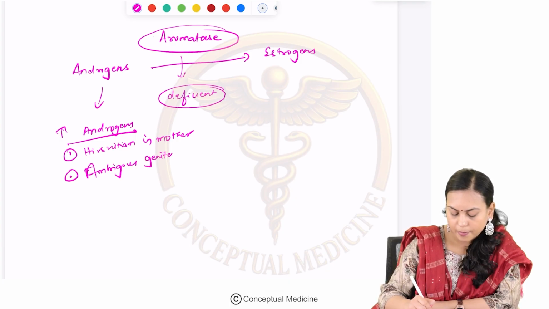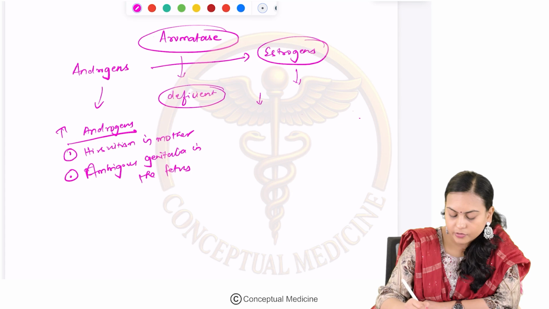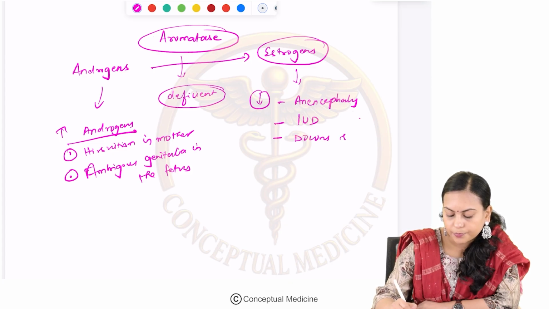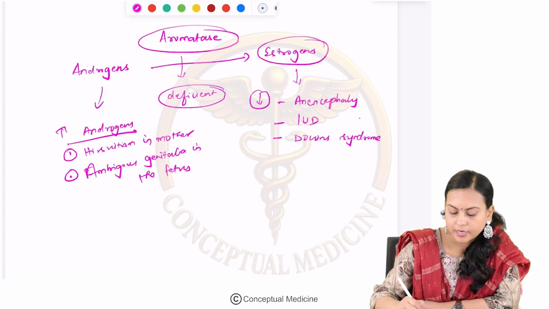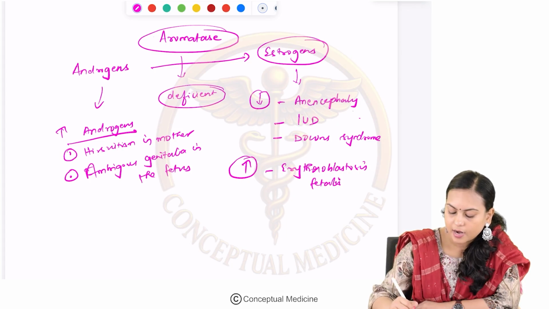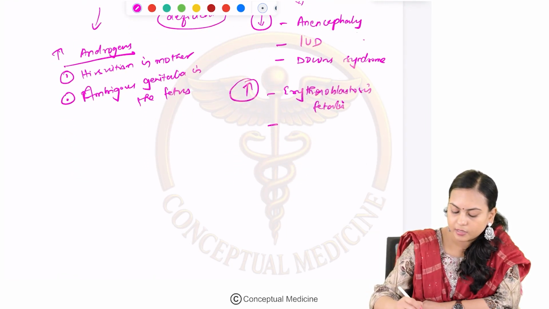The level of estrogens is reduced in conditions when there is anencephaly or intrauterine demise or in Down syndrome, and it is increased in conditions like erythroblastosis fetalis and maternal androgen producing tumors.